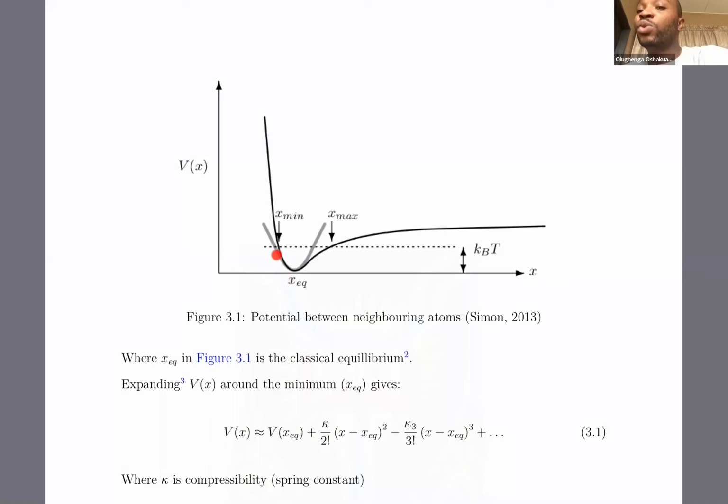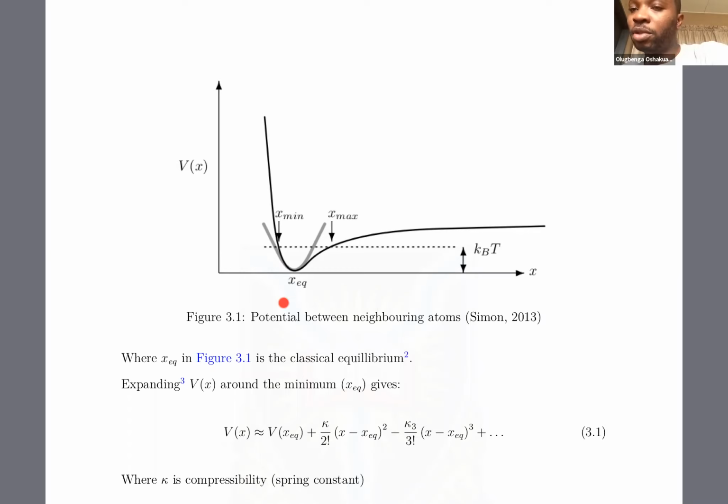The point where we have the lowest potential will tell us the interatomic spacing. So this x equilibrium is also known as the lattice constant, and it can also be defined as the interatomic spacing between the atoms.